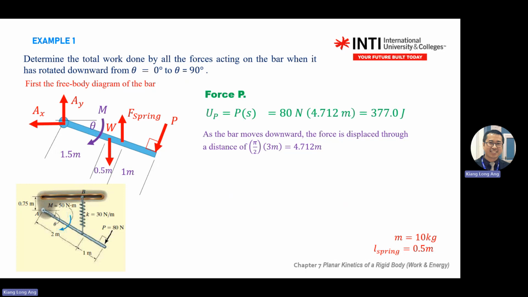So the distance is 4 point something. Okay. Because y, this is r, this is theta, this is s. What is the s? Equal to r theta. Okay, your theta is half pi. Your r is here. R in this case is 3 of the length.